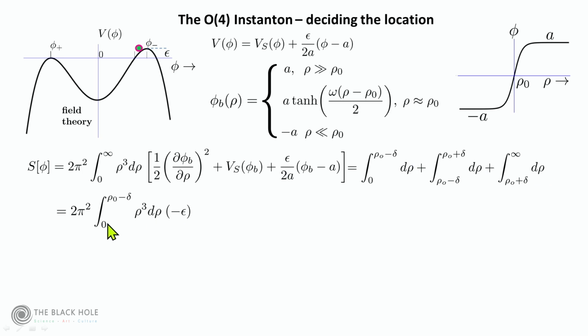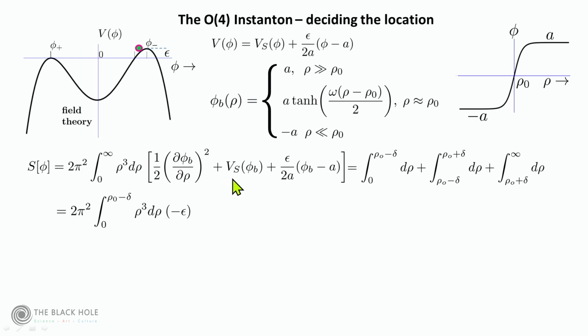Well, the first integral, rho is going from 0 to just before the wall. And we have this rho cubed, which came from the Jacobian, from the fact that the volume in four-dimensional space was 4 pi squared rho cubed. On this side, what's inside over here is just minus epsilon. Why? Because you can see that phi is constant over here, hence this is 0.